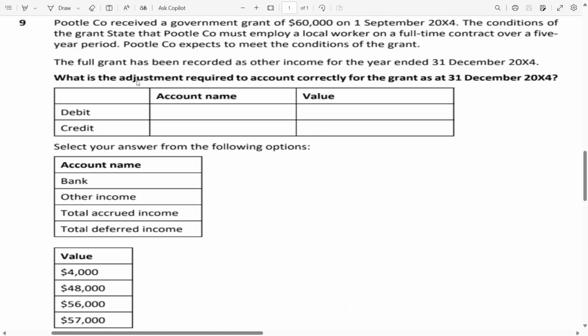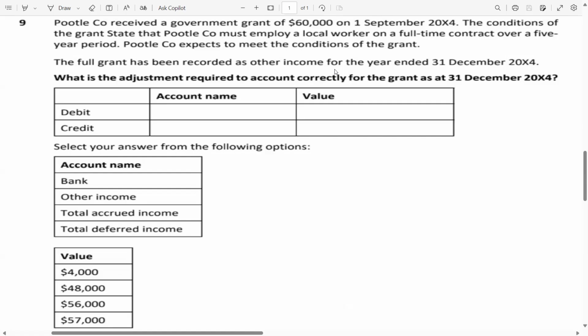Now the incorrect, unadjusted entry is that the full grant has been recorded as other income, meaning there is an overstatement in other income. Now, when we recognize the grant, what will be the entry we make? We make deferred income debit because we reduce the liability, and in return we book the income, meaning whenever a liability is amortized it becomes income.